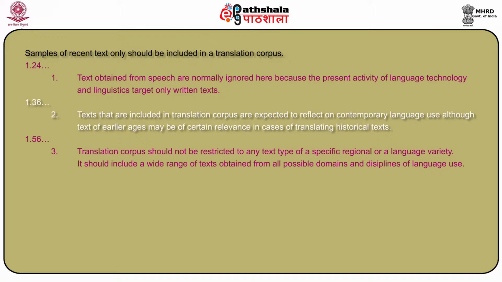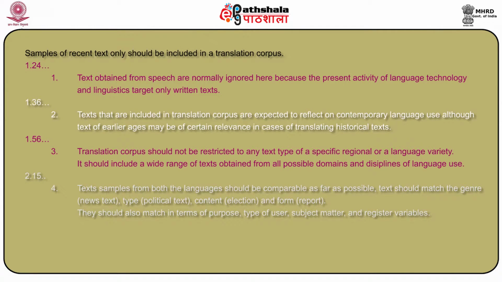Translation corpus should not be restricted to any text type of a specific regional or a language variety. It should include a wide range of texts obtained from all possible domains and disciplines of language use. Text samples from both the languages should be comparable as far as possible.